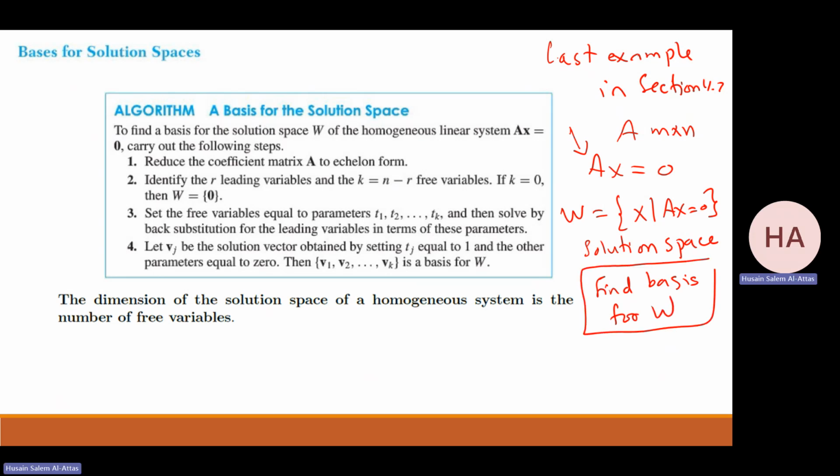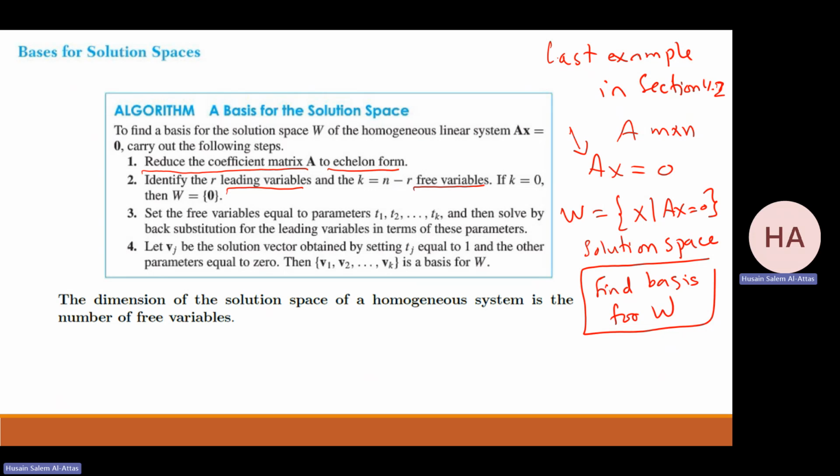What we did in the last example in 4.2 is the same idea. First, I will reduce the coefficient matrix A to echelon form. I'll find the leading variables and the free variables.